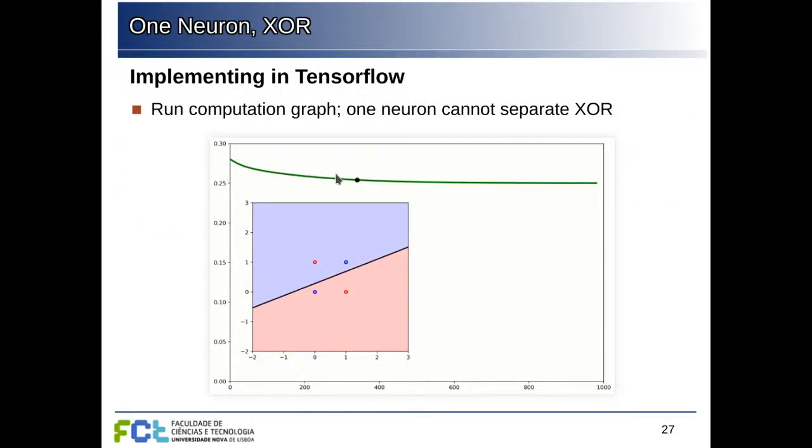We cannot get the error to go below 0.25. Remember, this is the quadratic error. So 0.25 is the square of 0.5, and we are basically getting half of the points wrong. Because this is no longer linearly separable, we cannot do this with just 1 single neuron.